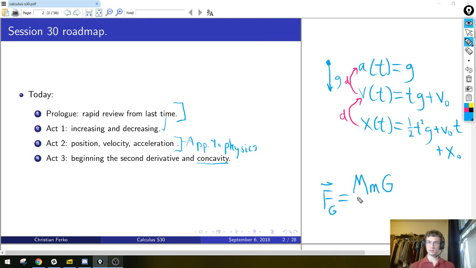Then this is divided by the distance between the two particles, which we usually write as r, squared. It's a vector, so you need a unit vector, sometimes written r hat, pointing from the object you're talking about towards the other one, because gravity is attractive.